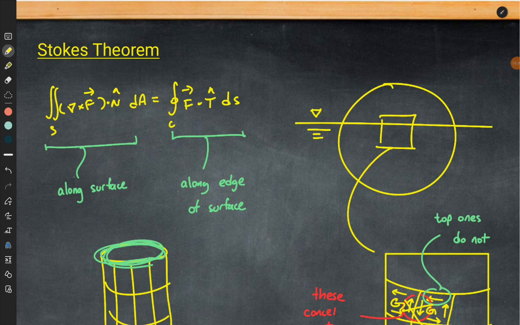A tennis ball is a closed surface, so you can't use Stokes' theorem for it. A Coke bottle, however, is an open surface, so you can use Stokes' theorem for it. And the surface integral is supposed to be set up for the surface, and the line integral is supposed to be set up about the edge of that surface.